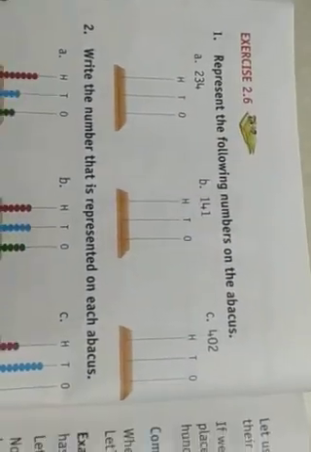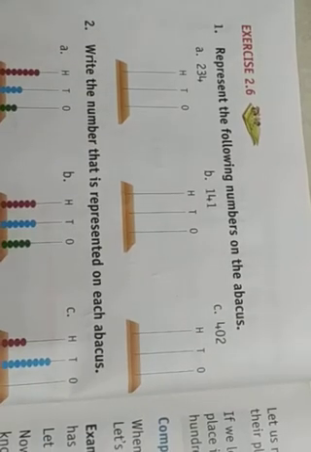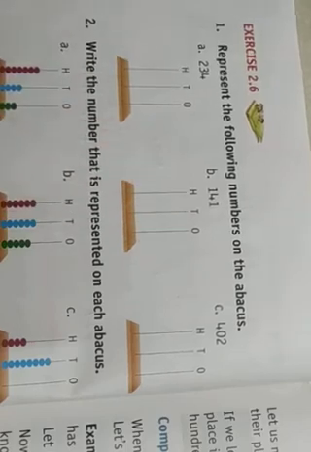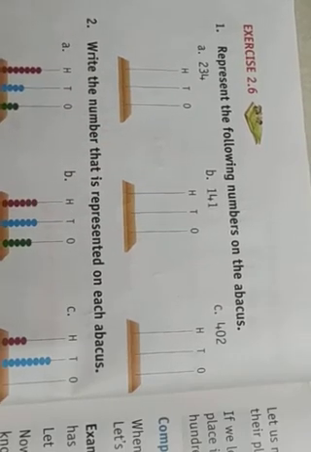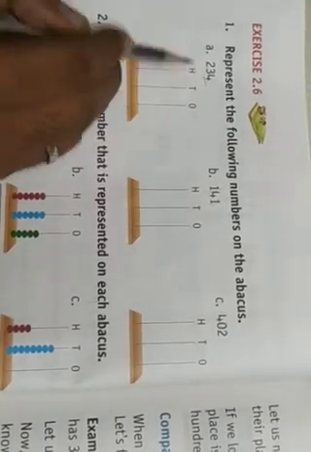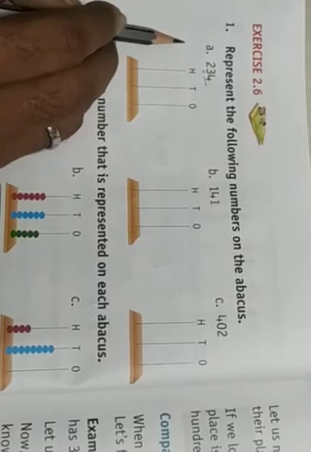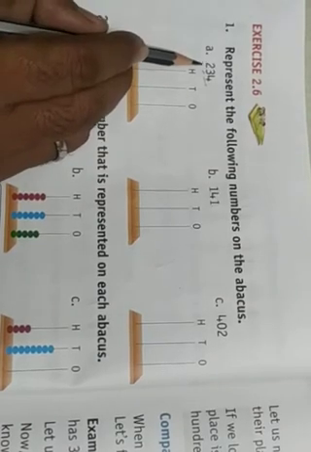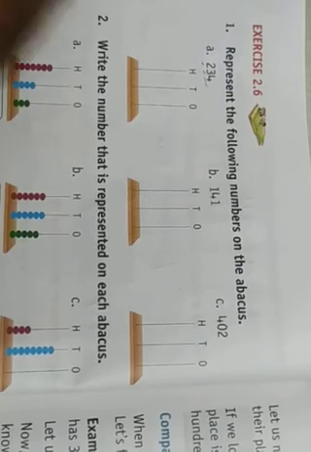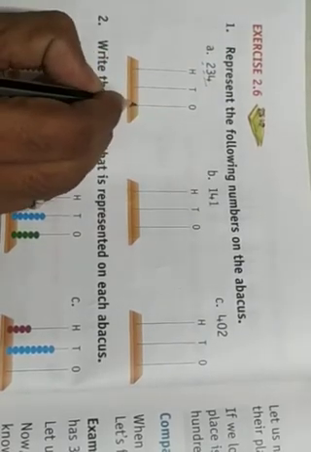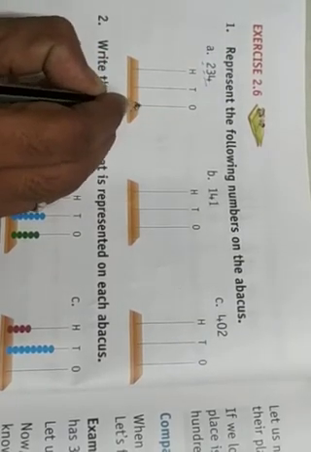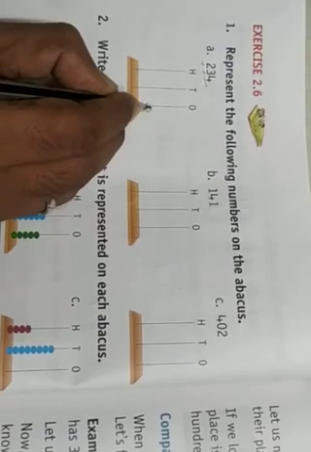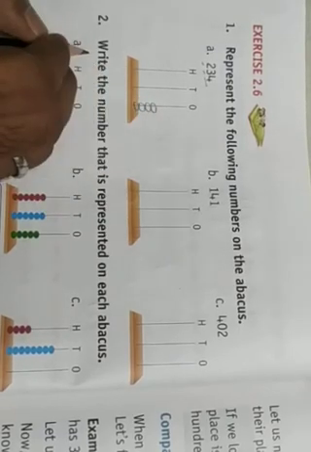3-digit numbers on the Abacus. Exercise 2.7: Represent the following numbers on the Abacus. So here the 1's place is 4, the 10's place is 3, the 100's place is 2. In the 1's place, we have to put 4 beads: 1, 2, 3, 4. Clear?